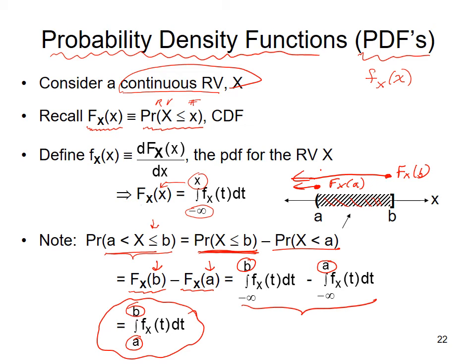Remember, we're talking about continuous random variables, so it doesn't really matter if you include the endpoints or not. This could just as well have been strictly less than b here if we wanted it to. Okay, so see if we can go on.